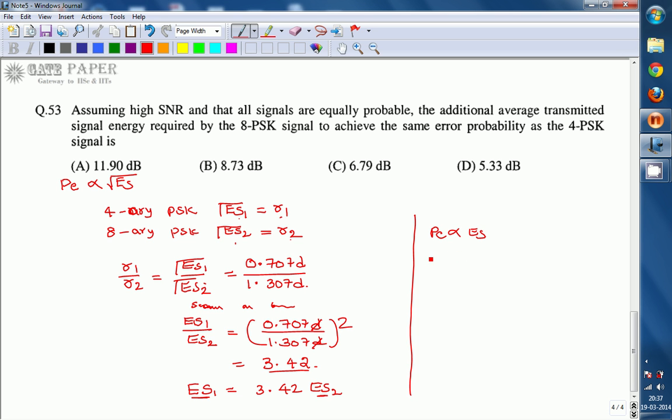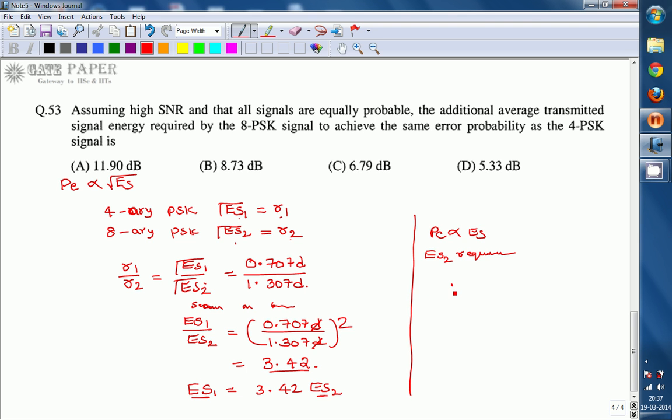For this, ES2 requires the additional energy of 3.42 times that of 4 array PSK.